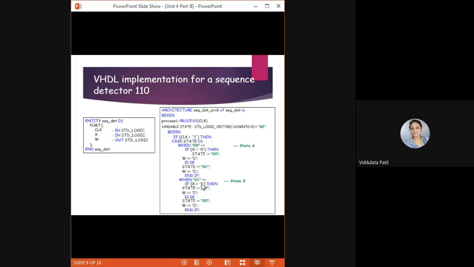Complete this exercise and send it to me. You can consider this as your homework. Also write a VHDL code for this sequence detector, that is, you want to detect a sequence of 010. Okay, so this is your homework for today.